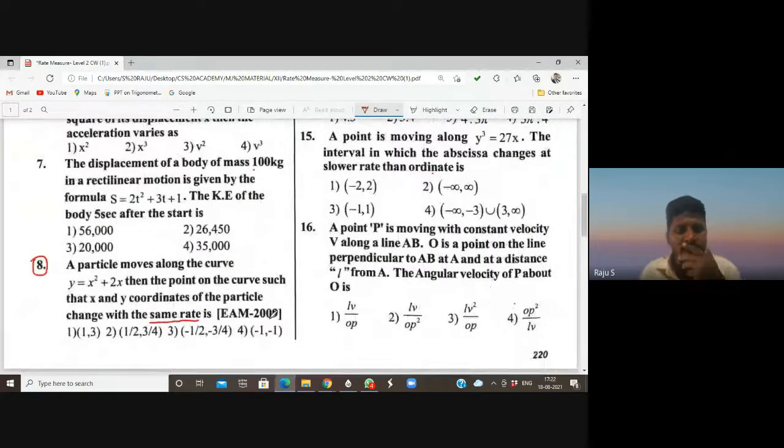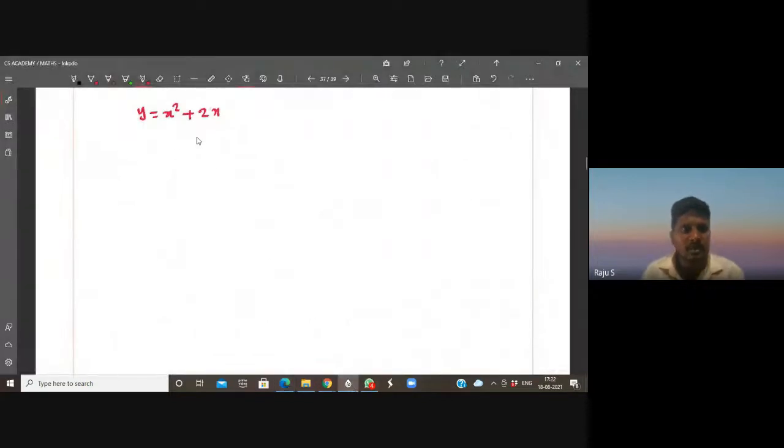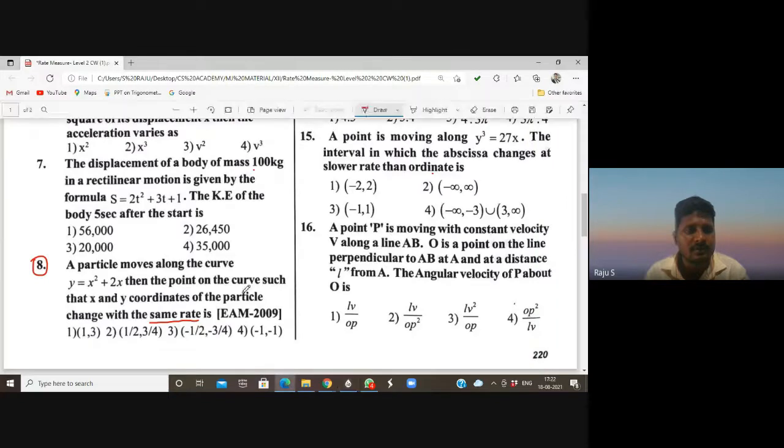Okay, right. So the given curve is y is equal to x square plus 2x. Here, according to the question, observe. One way is option verification, where we check which of the options satisfies the given equation.